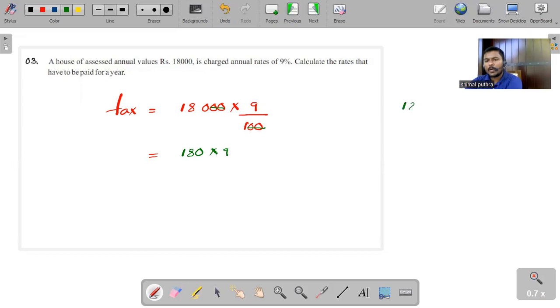That means I have to multiply 18 by 9. Just forget about 9 and multiply by 10: 180. 180 minus 18 is 162. And keep in mind there is a 0 also, which comes here. The answer is 1,620.